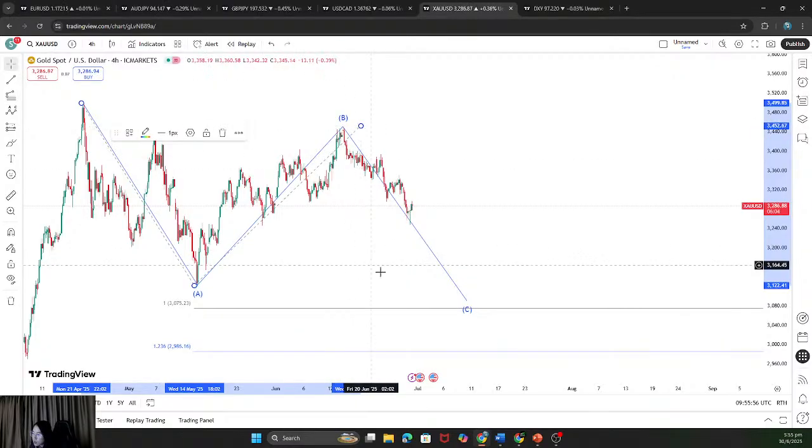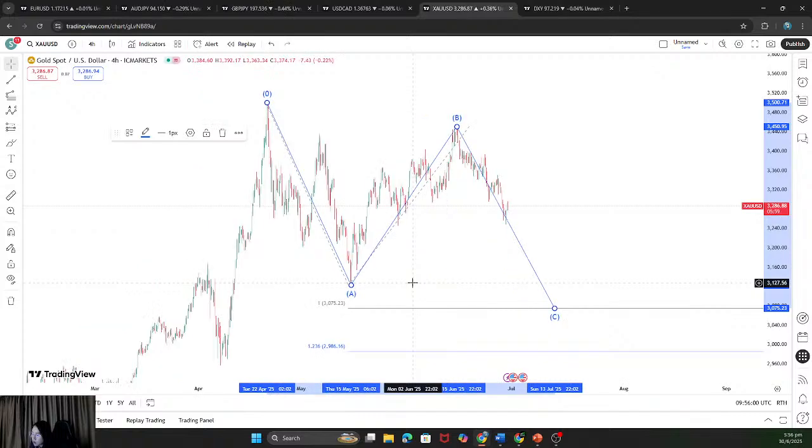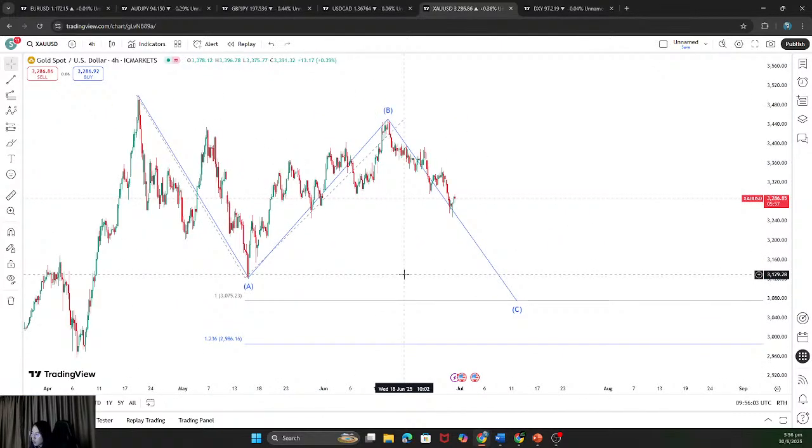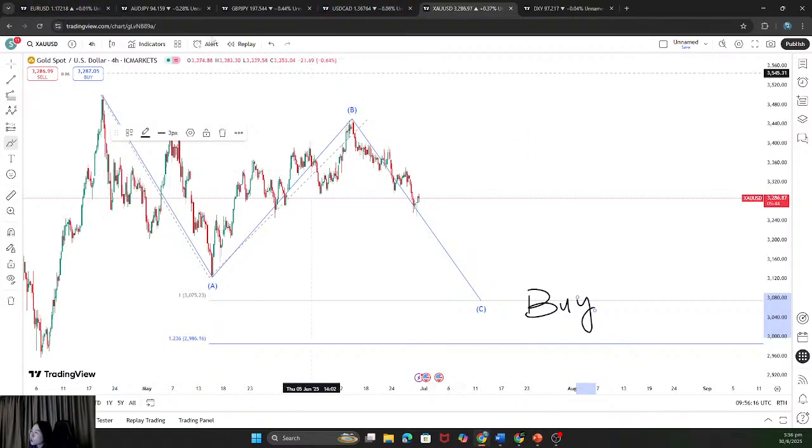Yeah, I think C is going to stop somewhere here, and then we can get in for a buy here. Okay, that's kind of what I have for gold. I'm not very sure yet, but we will come back and do analysis in a while.